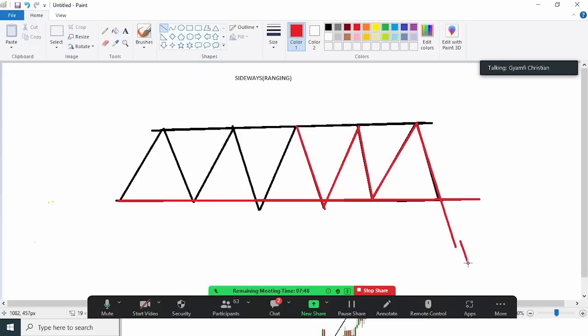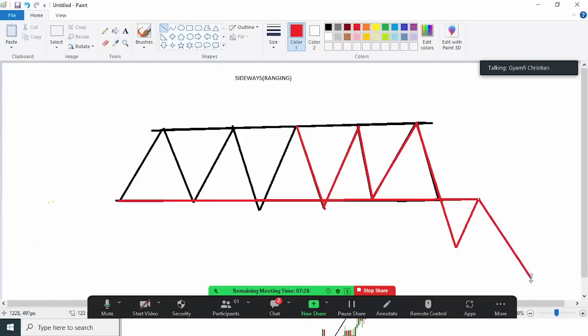So when it happens like this, once the market breaks the support, we expect it to come back and then retest.